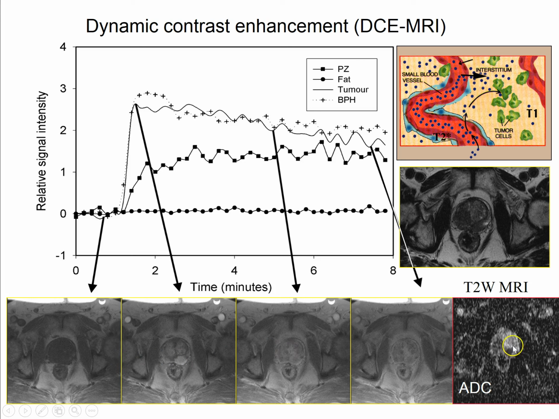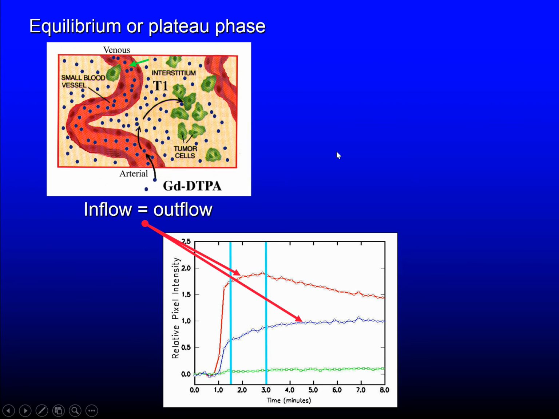a low ADC value here, and you can see that there are several phases. There is the wash-in phase, there's a plateau phase, and there seems to be a wash-out phase as well.